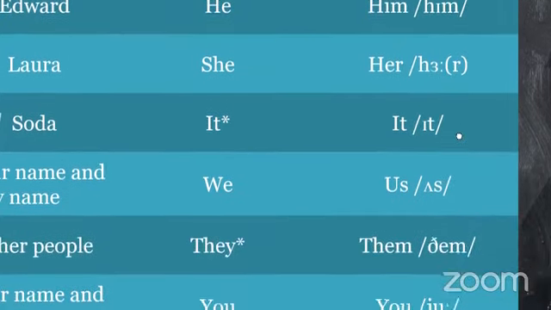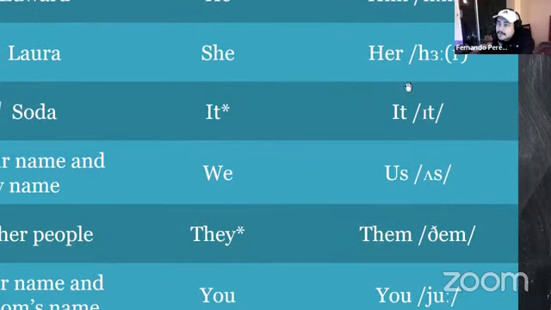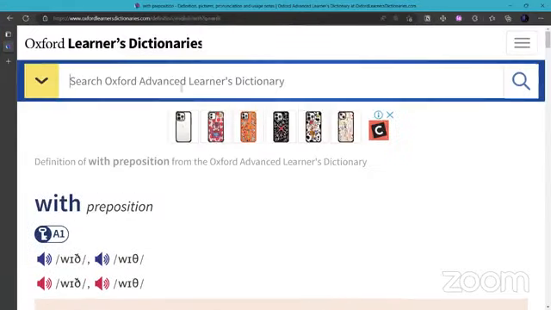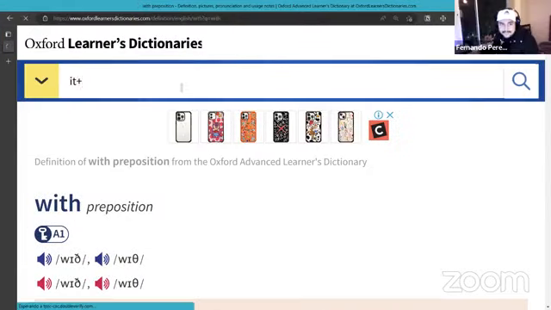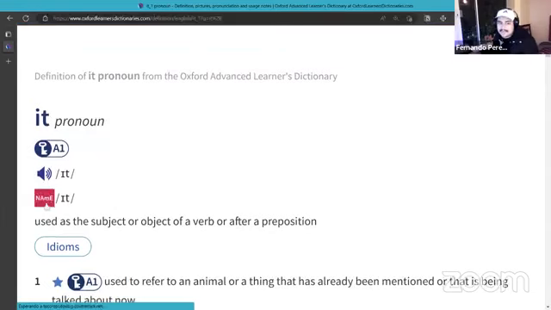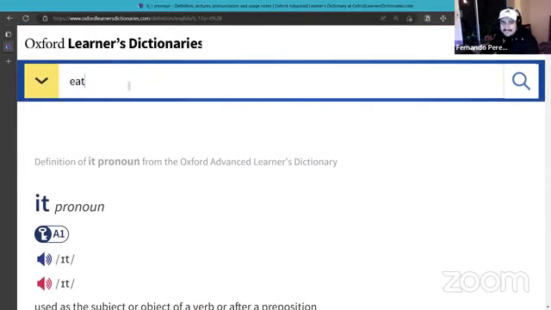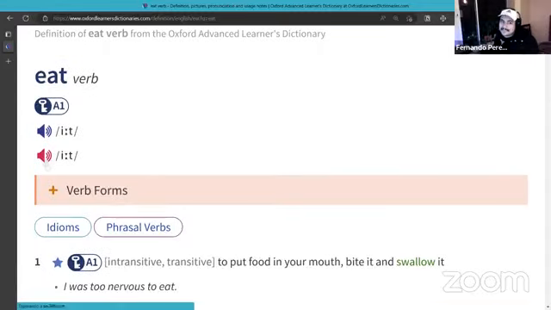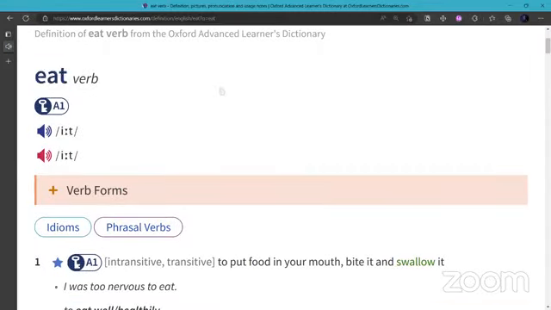And a similar occasion happens to it. It's not it. Okay? It. Excellent. It. You are speaking English. It. Because it is different. You see the difference?